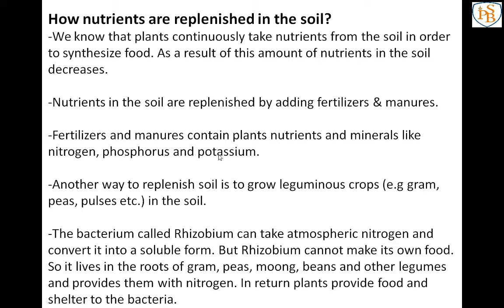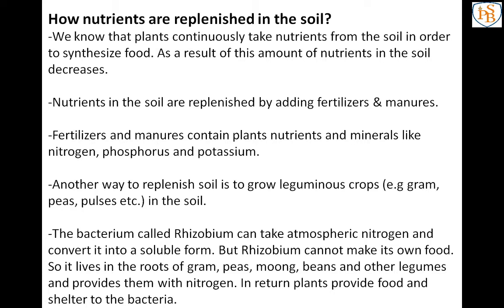Maybe I don't know whether you know the periodic table or not, but in the periodic table, the letter for potassium is K, phosphorus is P, and nitrogen is N. So NPK is a famous and most used fertilizer by the farmers.